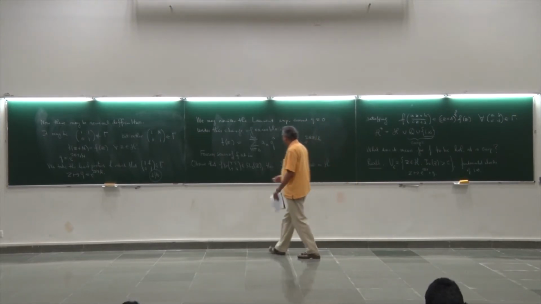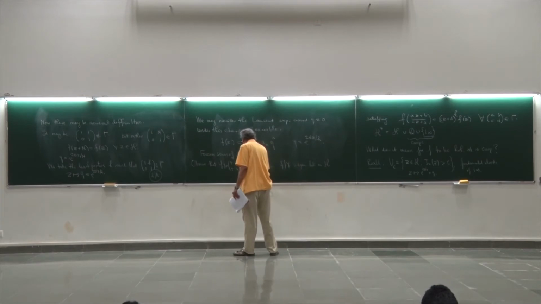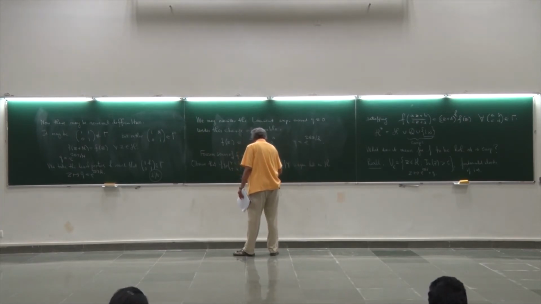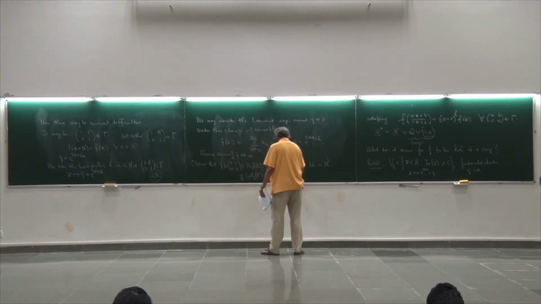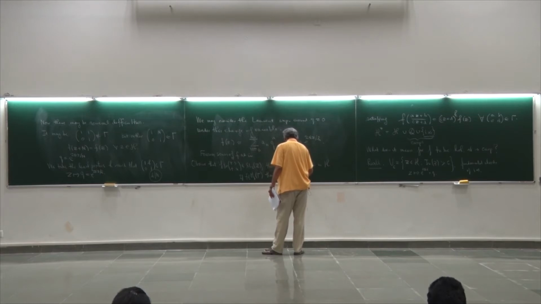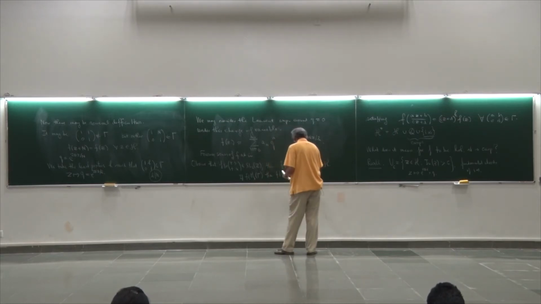And if f is a modular form on capital gamma, then f slash gamma is a modular form on the conjugate subgroup.